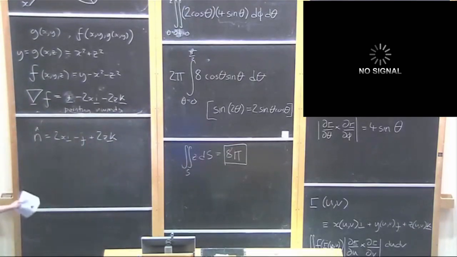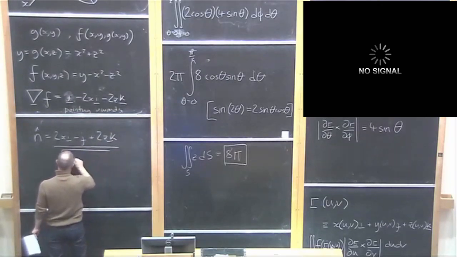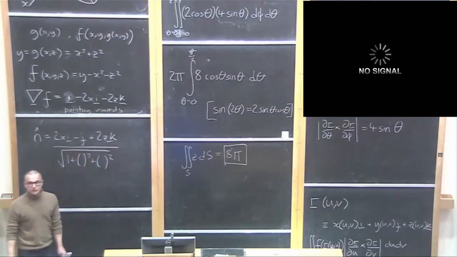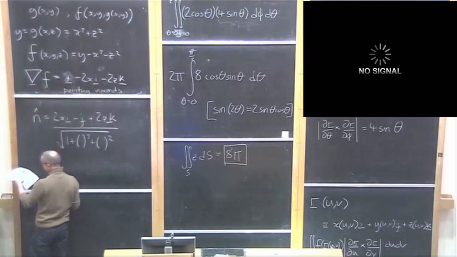The normalization of this, the answer is 3, but we don't really care about it. It's just going to cancel with the projection term, so we're not going to worry about evaluating it.